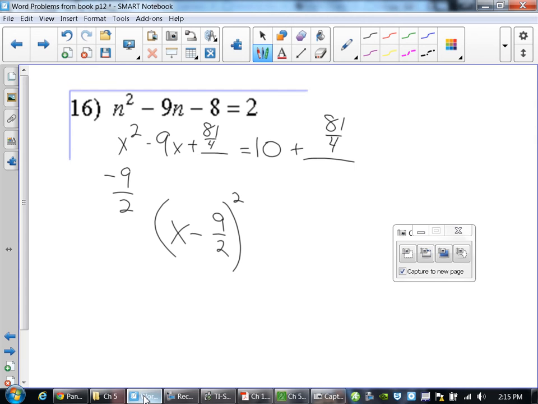So we get 121 over 4. I used my calculator and typed in 10 plus alpha y equals 81 over 4, and I got 121 over 4. Don't trust me. Press buttons. Yes, that's what I get.